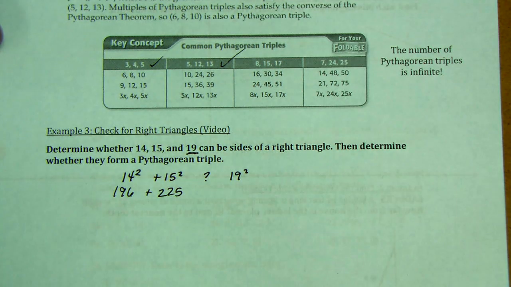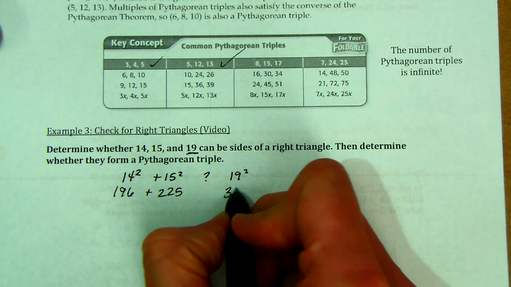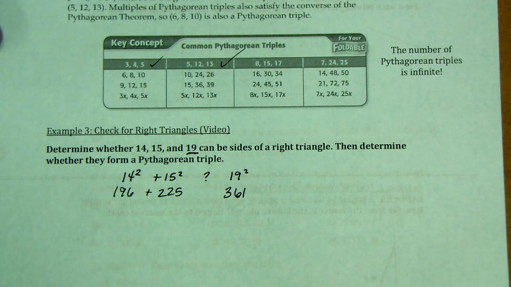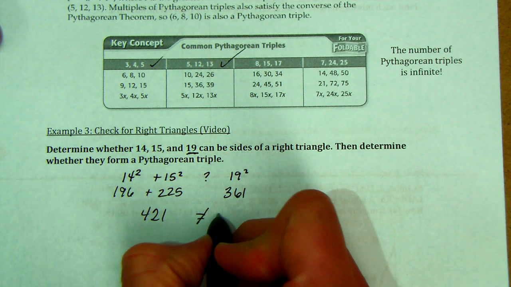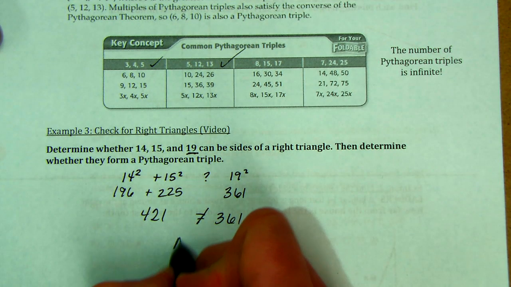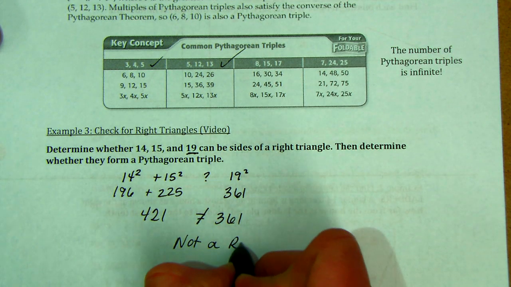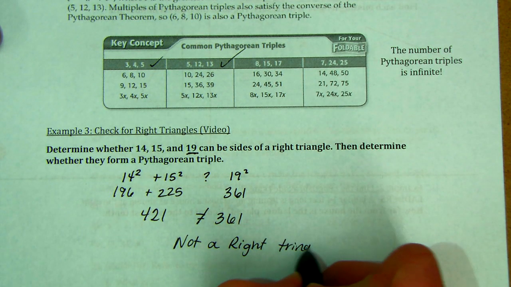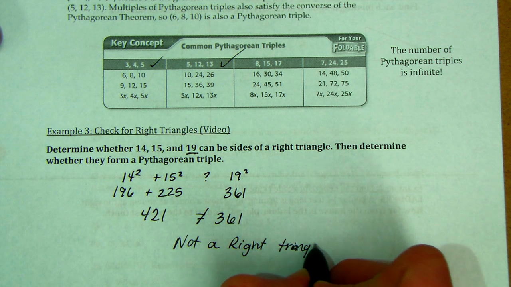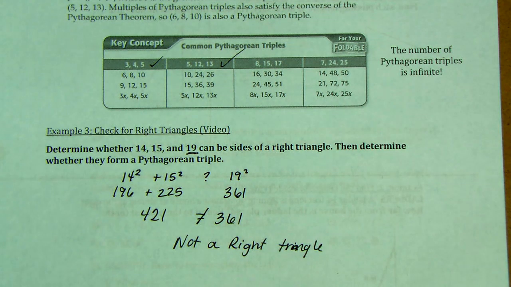And so 196 plus 225 is 421. They are not equal, so not a right triangle. All right, that's simple. And if it's not going to be a right triangle, well, then it's not going to be a Pythagorean triple either. So you can move on.